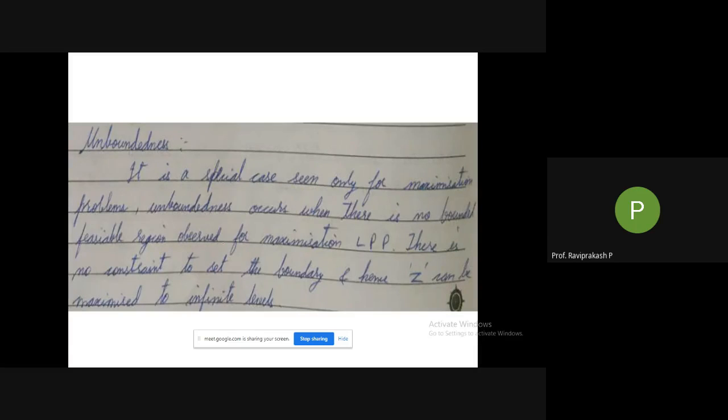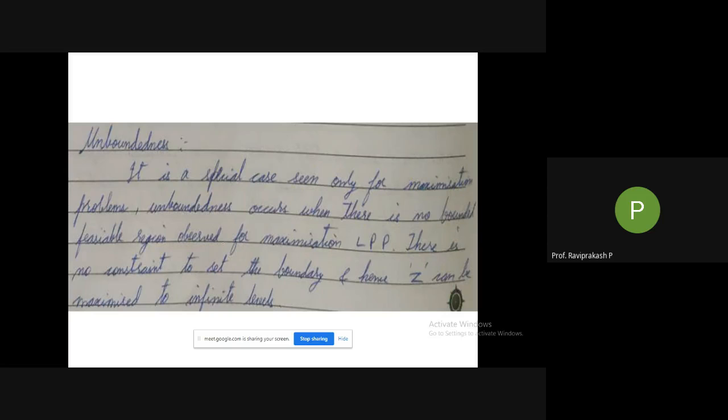Unboundedness occurs when there is no bounded feasible region observed for a maximization linear programming problem.